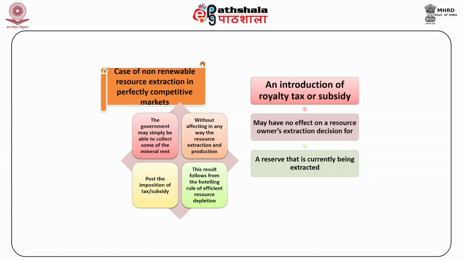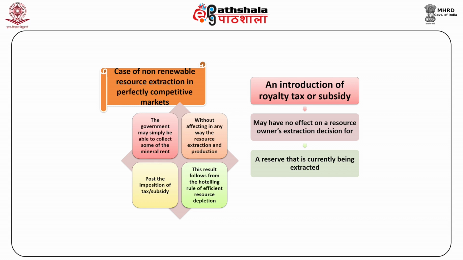So far, we discussed a socially optimal pattern of natural resource use over time. We now consider the case of non-renewable resource extraction in perfectly competitive markets. An introduction of a royalty tax or subsidy may have no effect on a resource owner's extraction decision for a reserve that is currently being extracted.